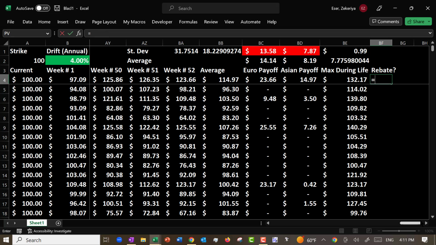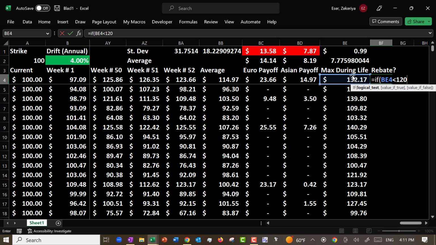I'm not going to make that parametric, so I'm just going to hard code it. If this max is less than 120, I'm going to call that false, otherwise true.